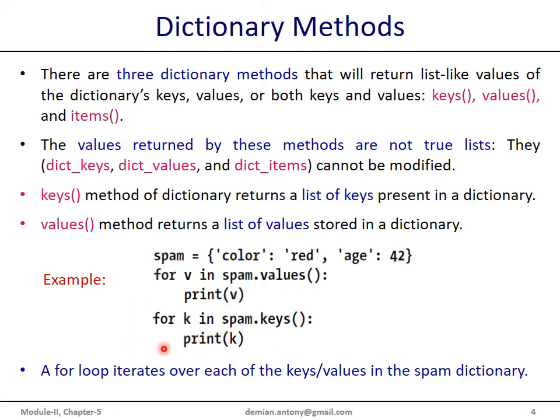Similarly, to print all the keys present in a dictionary, we have to use a method called spam.keys. This will return a list like structure containing all the keys, and we can iterate over each of these items, that is keys, to access and as well as to display these keys present in a dictionary.